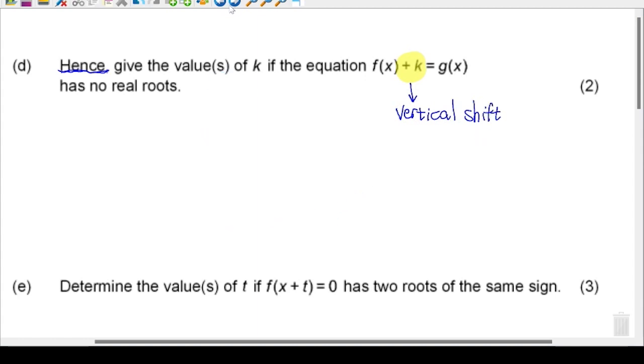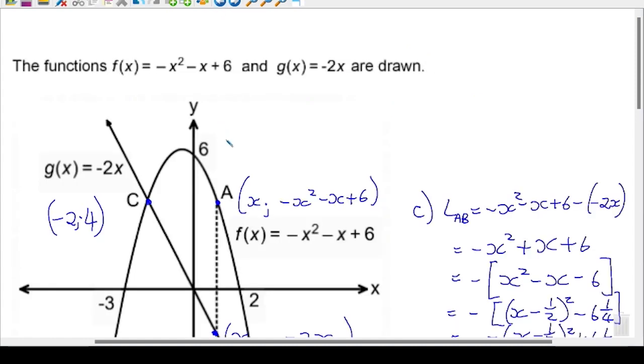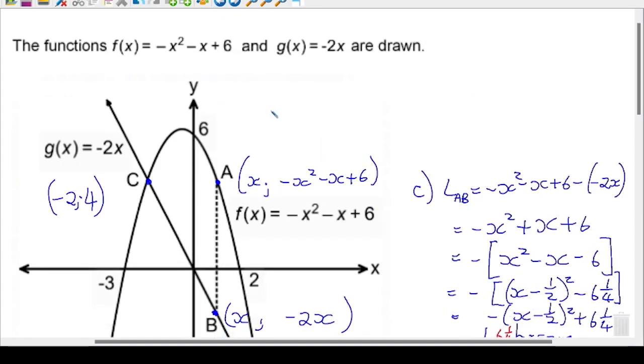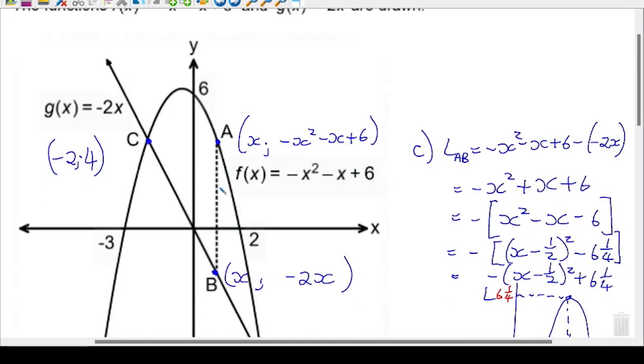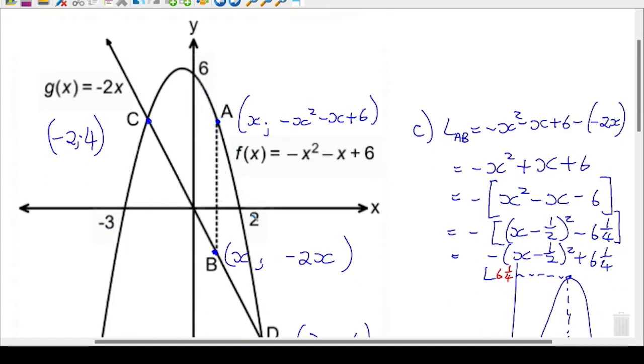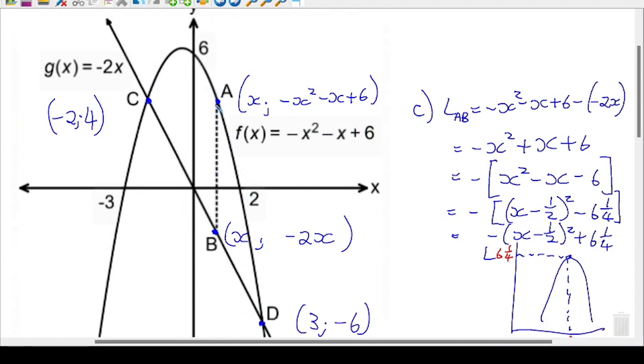So let's just go now and have a look at the picture. At the moment, as the graphs are, f of x equals g of x, there are solutions. We found them already in part 1, okay, that the graphs do cut. But if we were to drop graph f down, if we were to lower it, there would come a point where it wouldn't touch graph g at all.